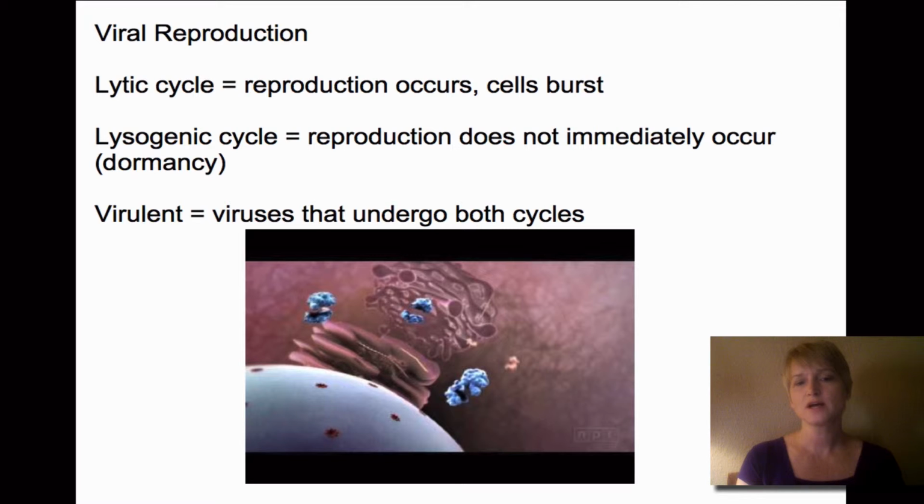This is why sometimes we have diseases that don't make us sick immediately. Because they're not immediately killing our cells, we don't recognize that we're sick right away. And when we talk about virulent viruses, we usually talk about viruses that make people very sick, but in these cases, they can undergo both cycles.